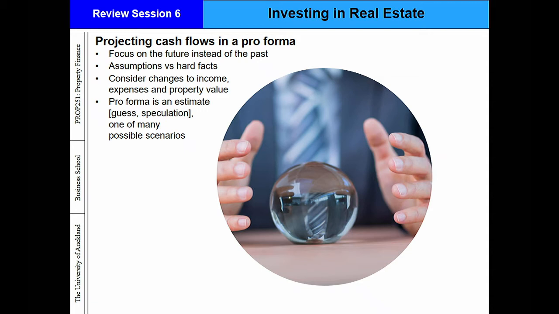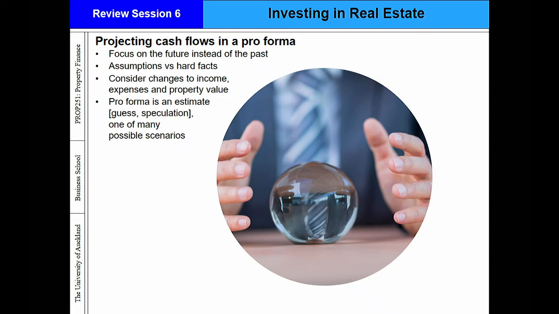Or what happens if my property is leveraged and interest rates go up from 4% to 7%? How does that affect my internal rate of return, or NPV? So vary the assumptions and see how sensitive it is to changes in any of these three main components of the pro forma: expenses, revenues, and debt.